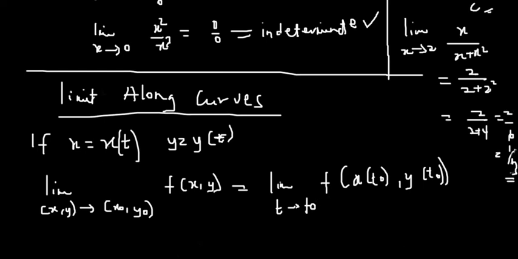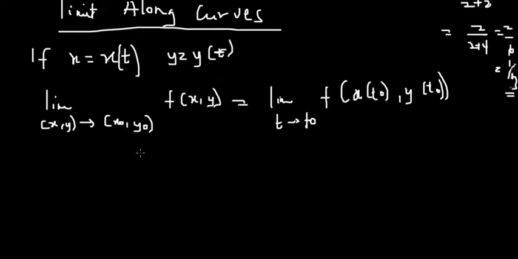Now let's take an example so that this becomes easy to understand. We have to find the limit of a function of x and y at specific points, where x is given as a specific function and y is given as a specific function.